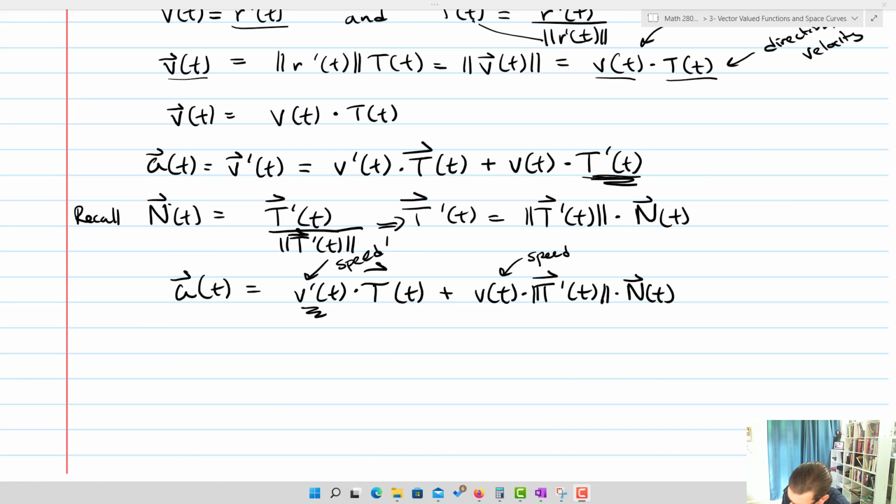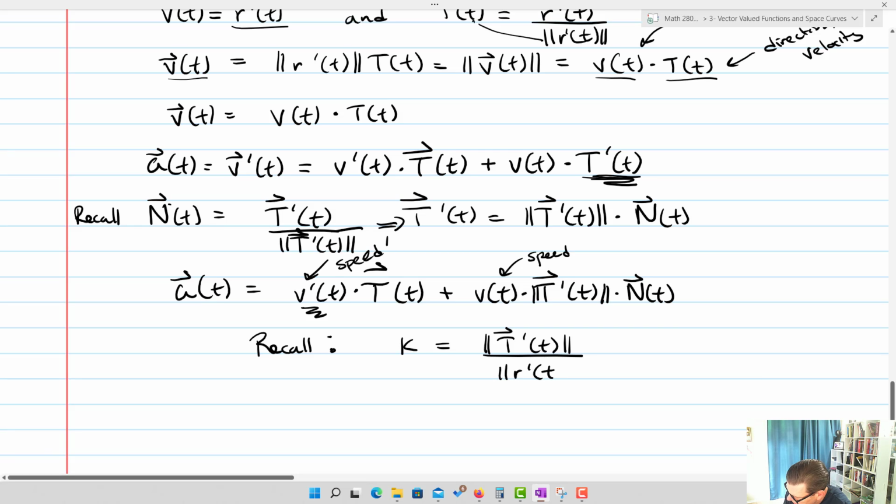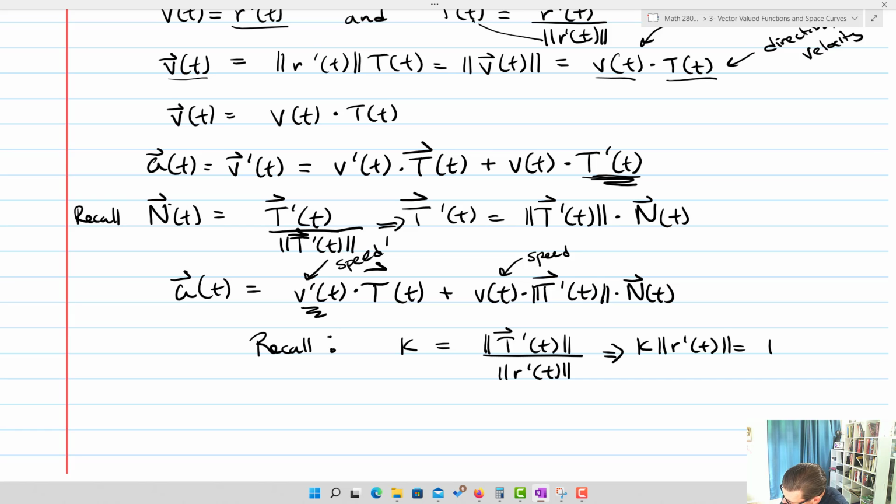Now, recall another thing from last lecture: my curvature, kappa, equals the magnitude of T'(t) divided by the magnitude of r'(t). That implies that kappa times the magnitude of r'(t) is going to equal the magnitude of T'(t).